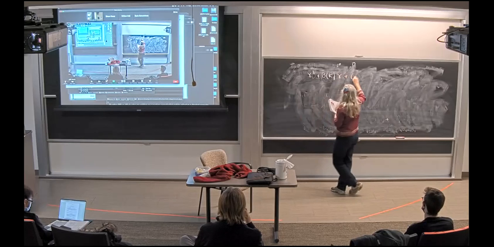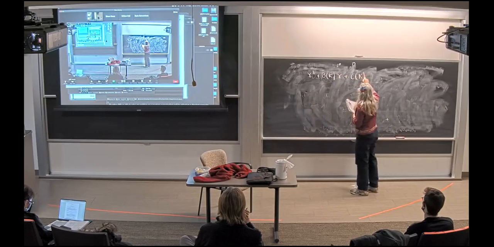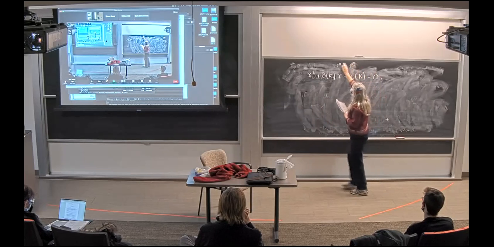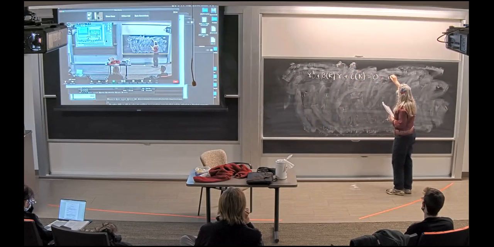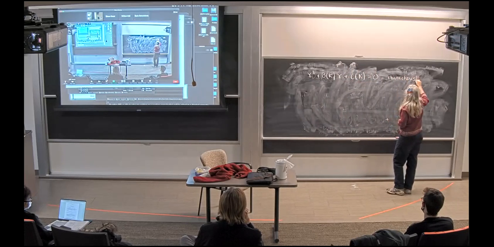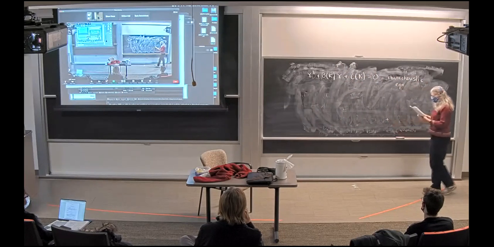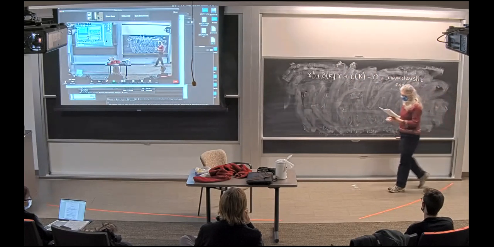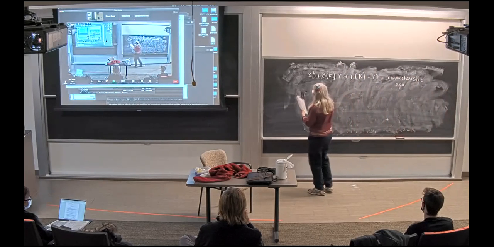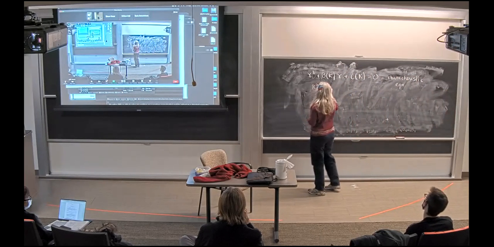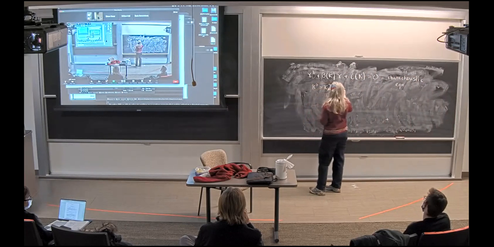Times gamma plus c of k equals k. And this is the characteristic equation. Is kx plus ky? Yeah, so k squared is kx squared plus ky squared.